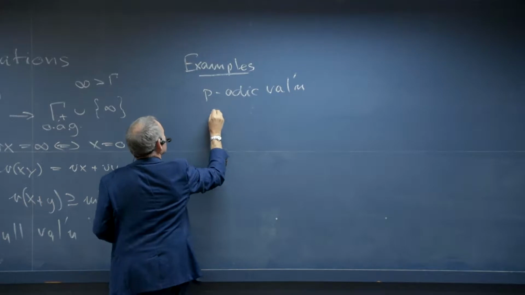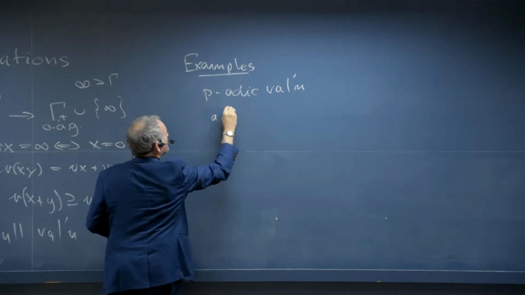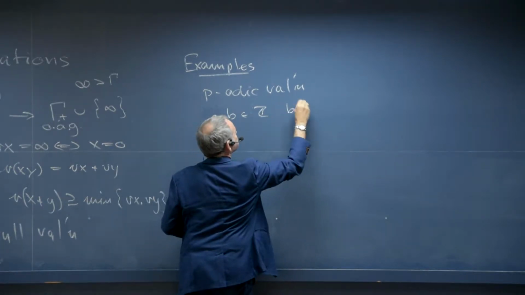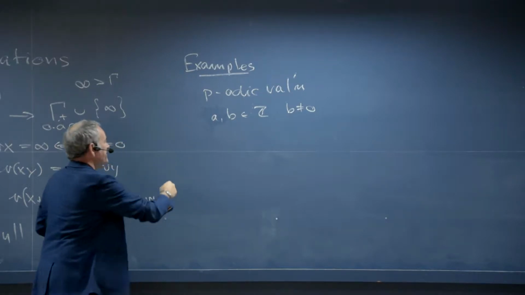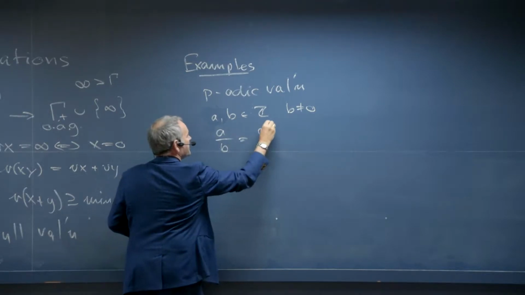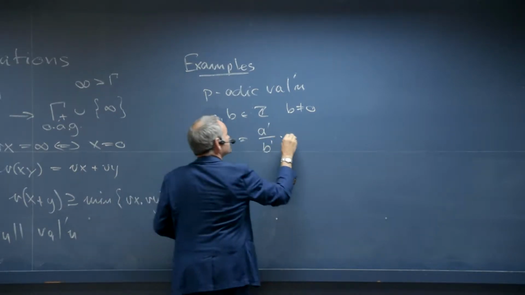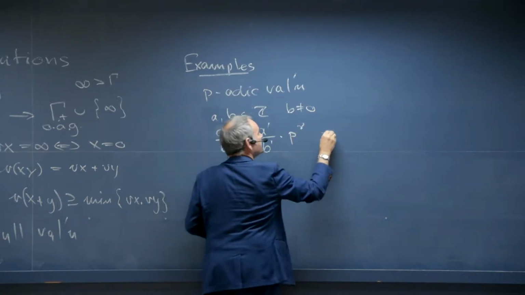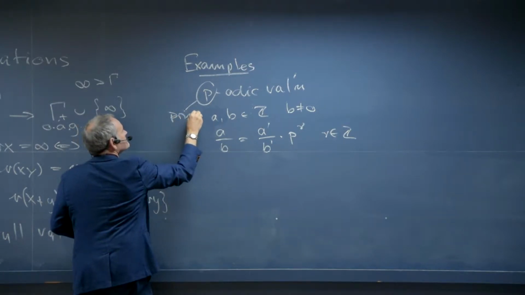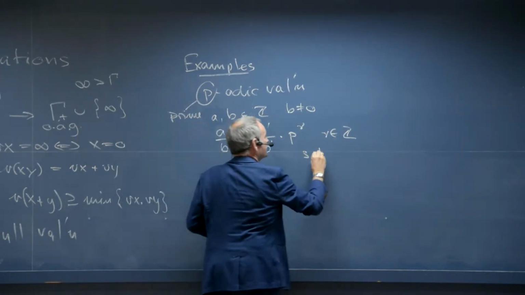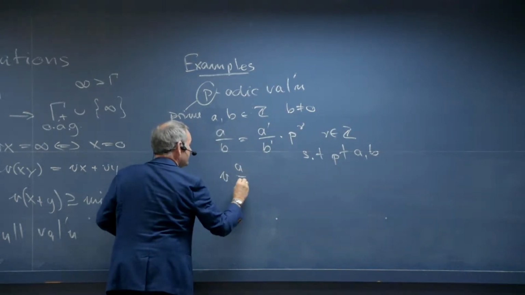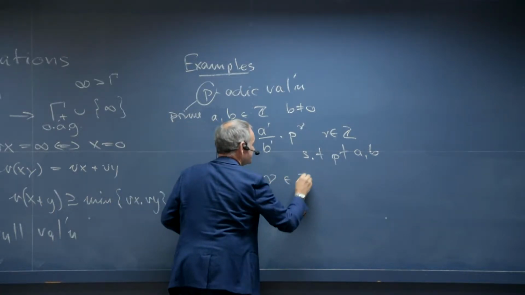If you have a and b integers and b not 0, so you want a valuation on the rational numbers, you write a over b as a prime over b prime times p to the nu with nu in Z. So p is a prime such that p does not divide a' and b'. And then v of a over b is this nu in Z.